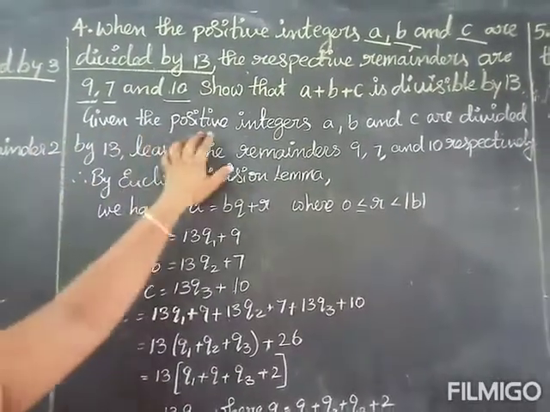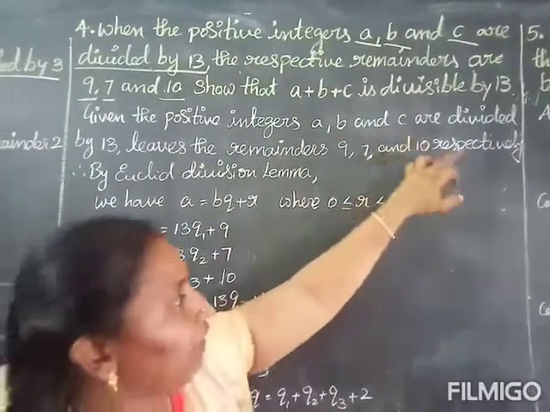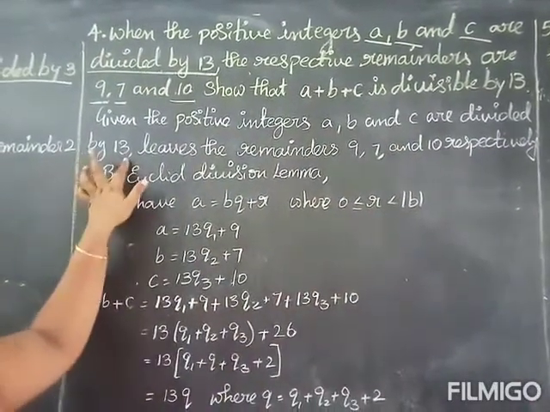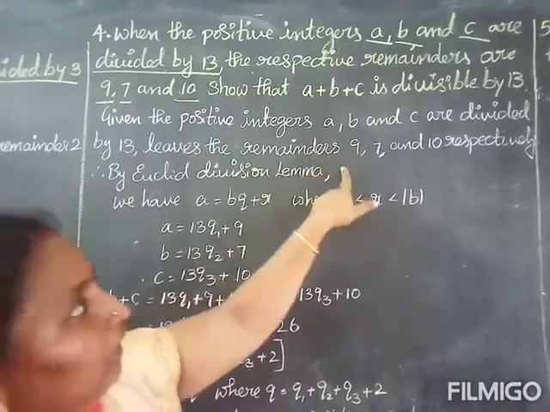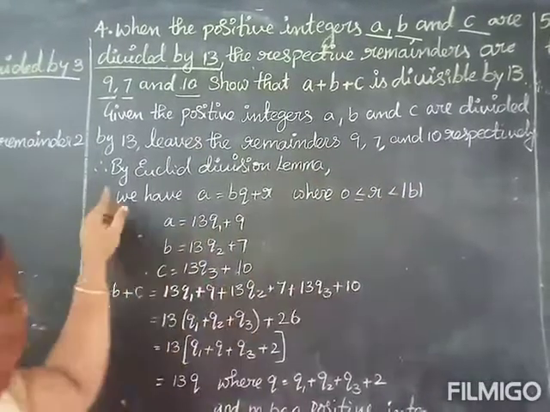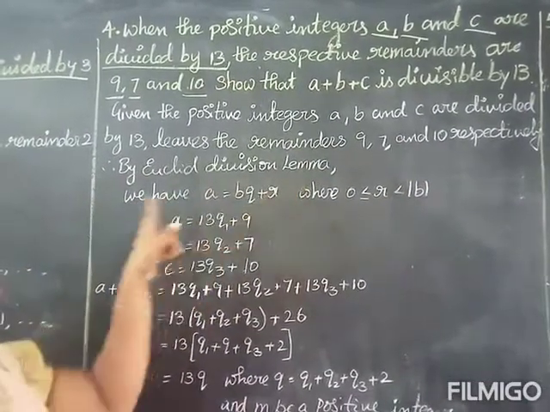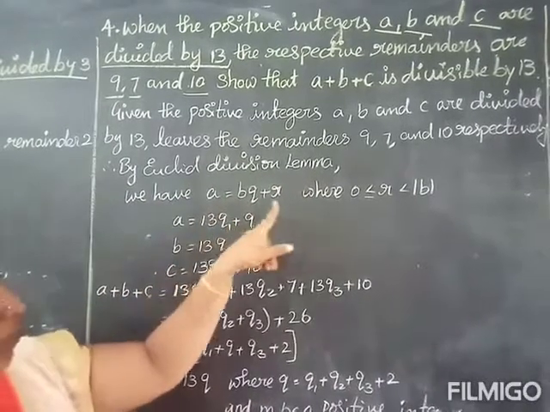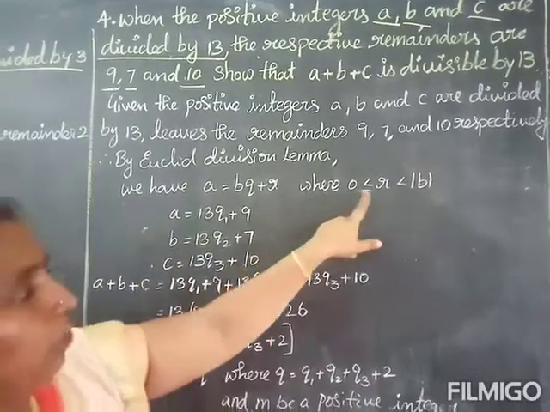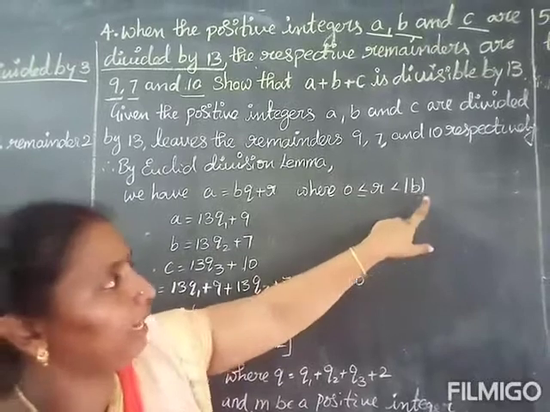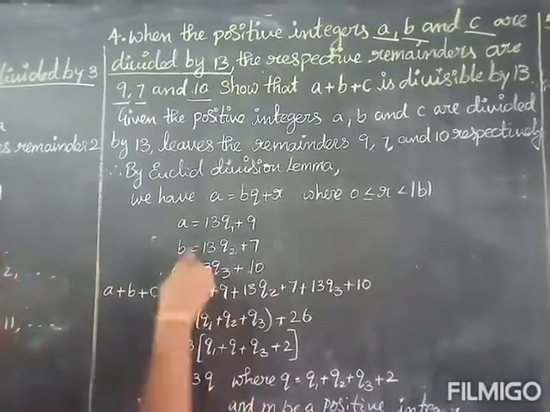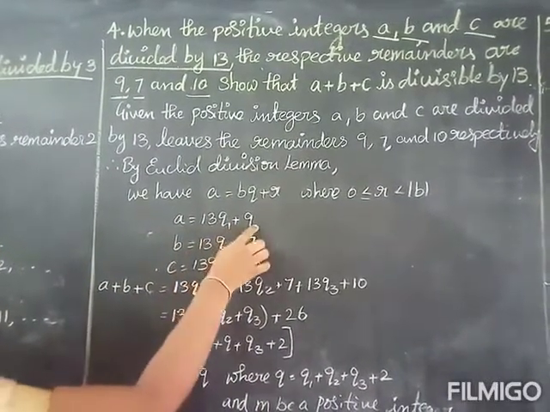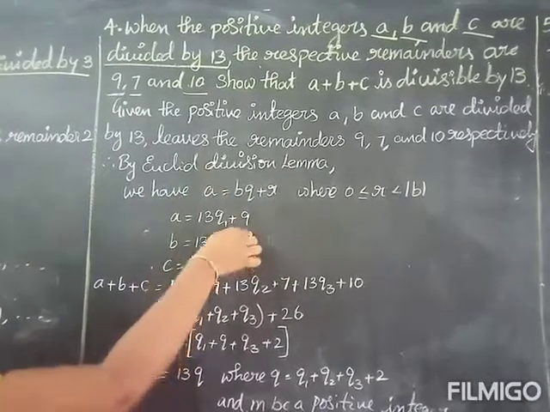Okay. So given that the positive integers a, b and c are divided by 13 and leave the remainders 9, 7 and 10 respectively, by Euclid's division lemma we already know a = bq + r, where 0 ≤ r < |b|. So a = 13q1 + 9, using Euclid's division lemma here.